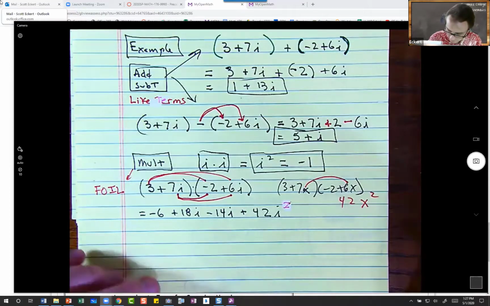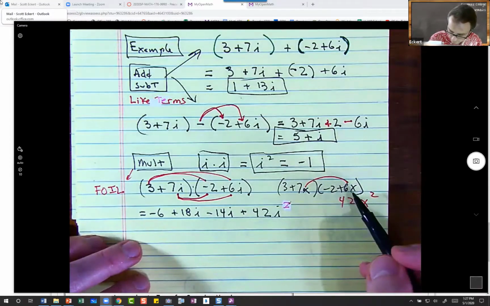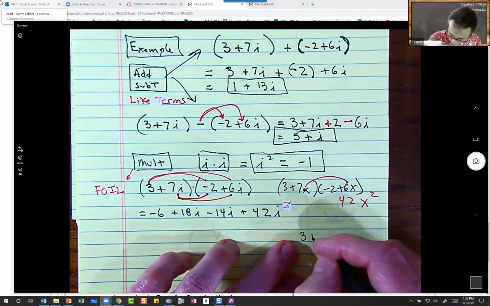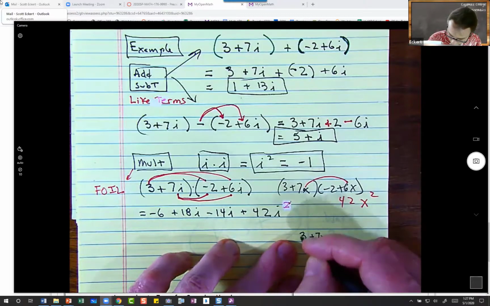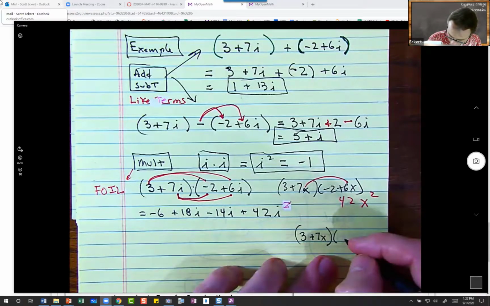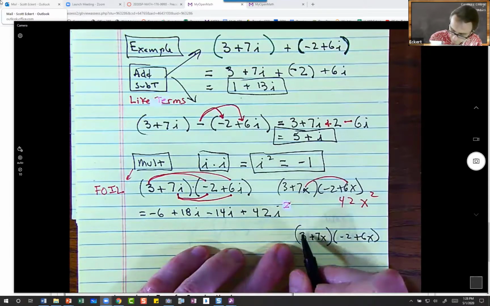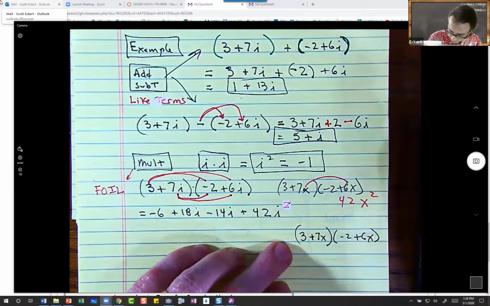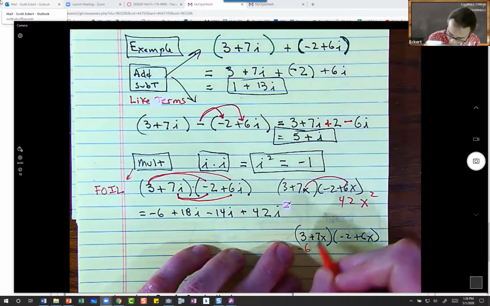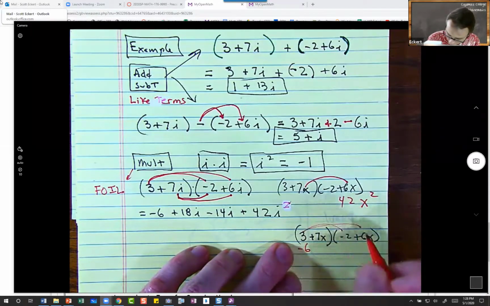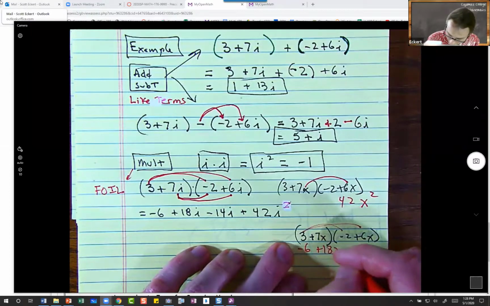Maybe I should have done this FOIL all the way out. When we do this FOIL out here, we're going to get -6. Then we're going to get plus 18x.